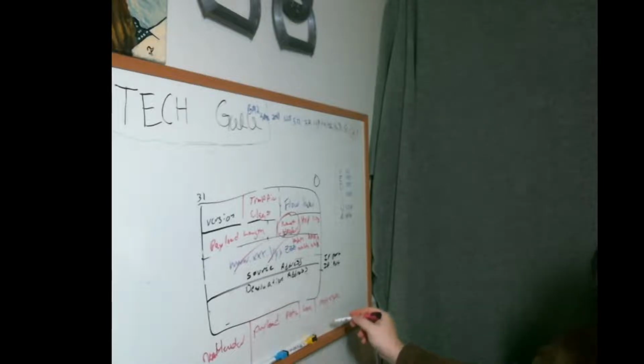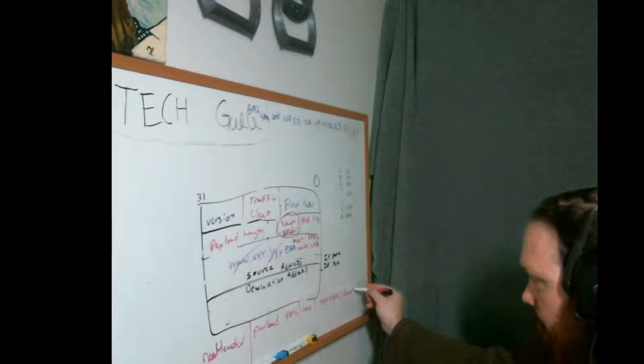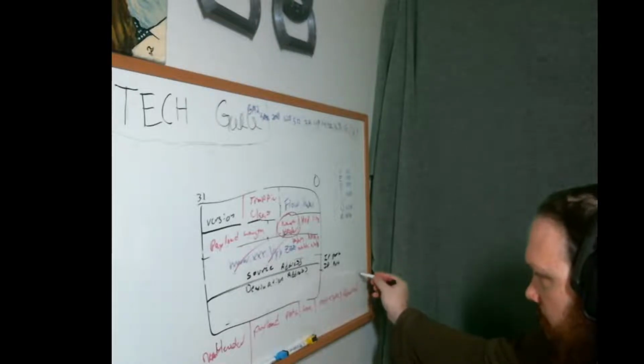So that could be security. Reserved could be information for the security type.